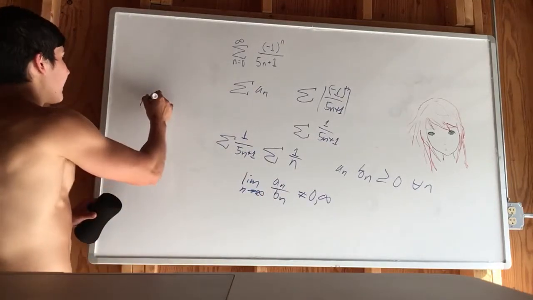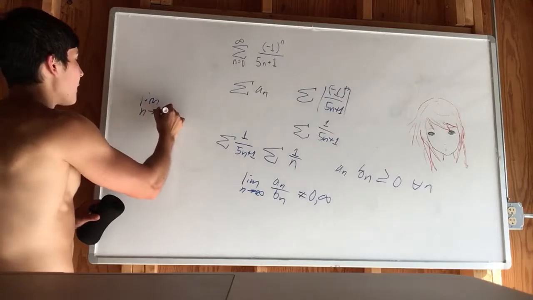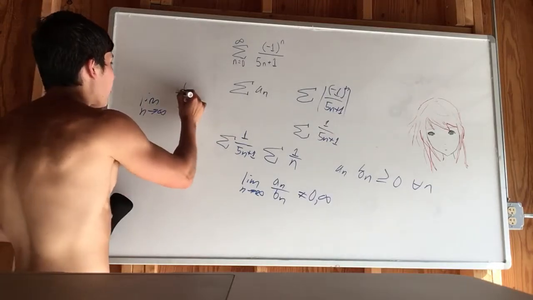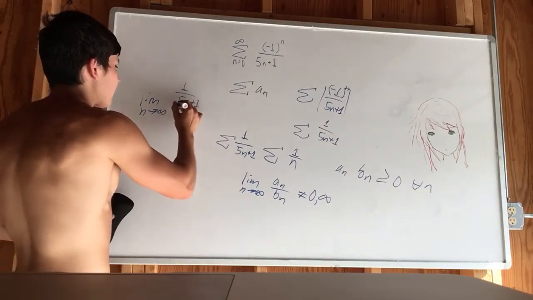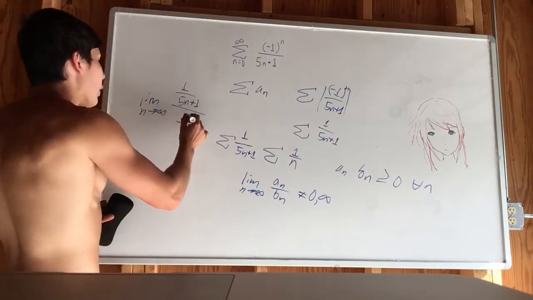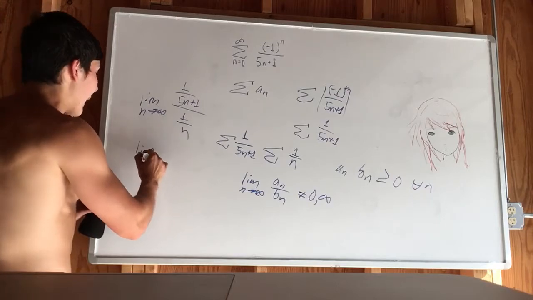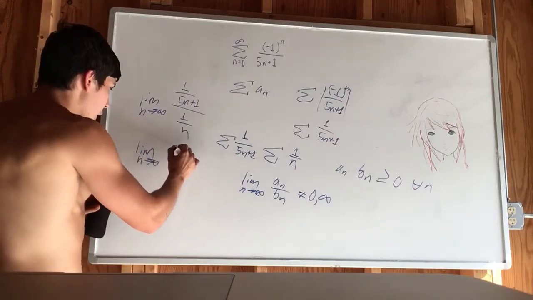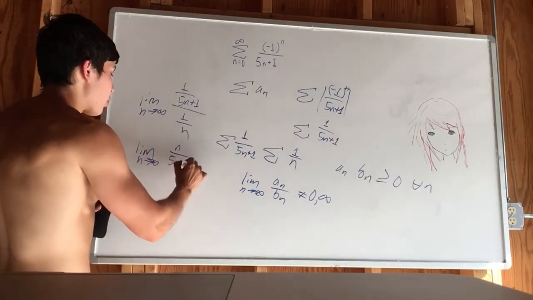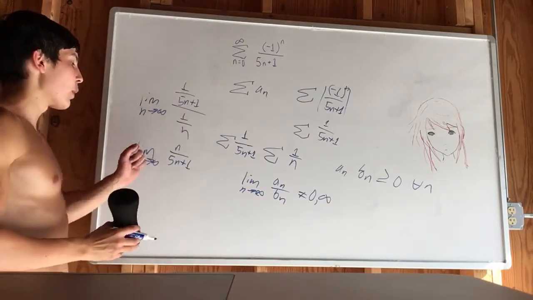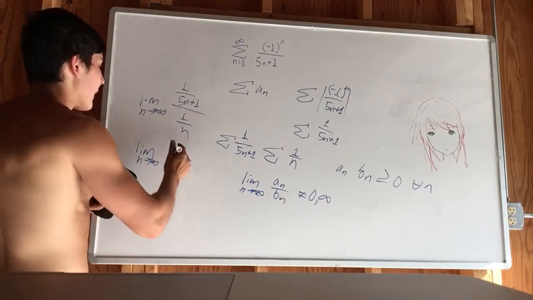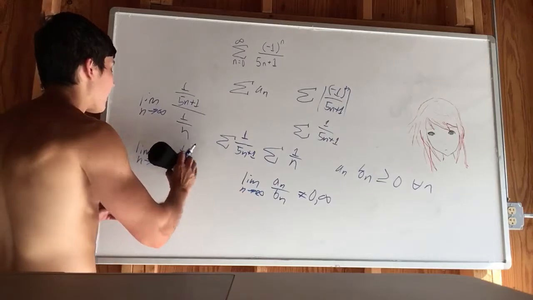We have the limit as n approaches infinity of 1 over 5n plus 1 over 1 over n. We multiply by the reciprocal and get the limit of n over 5n plus 1. Then we divide everything by n, and we get 1 over 5 plus 1 over n.